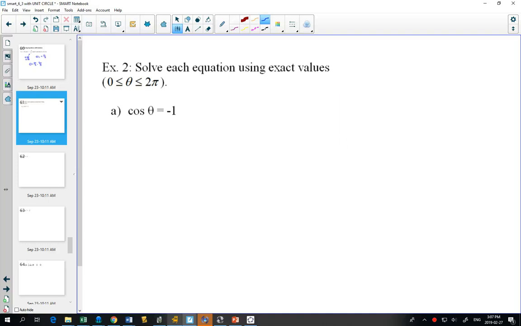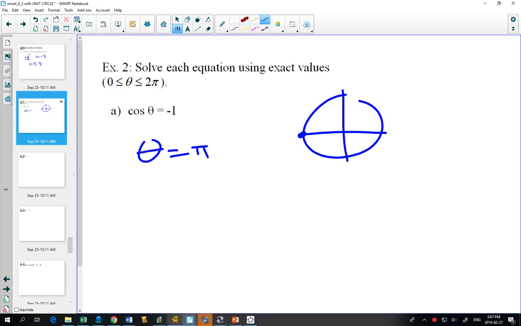Think of your unit circle. That's right over here. So what's our answer? At pi. No other work needed. So we can just pull the answer from our unit circle.